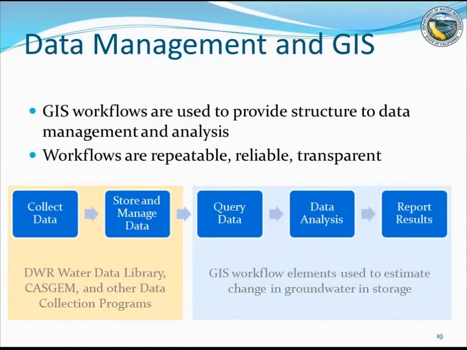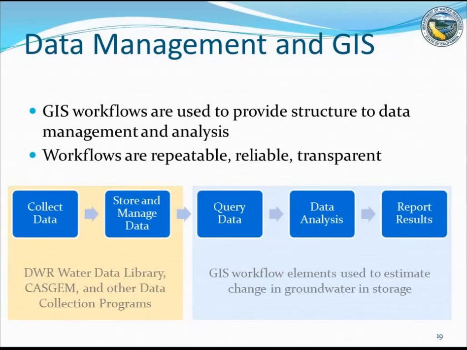So for estimating the changes in groundwater and storage for the water plan, those steps are actually already taken care of by other DWR programs. CASGEM is one of them that is currently done, and then other cooperating agreements that we've had with agencies, and then the use of our department water data library database is all managed outside of the water plan.